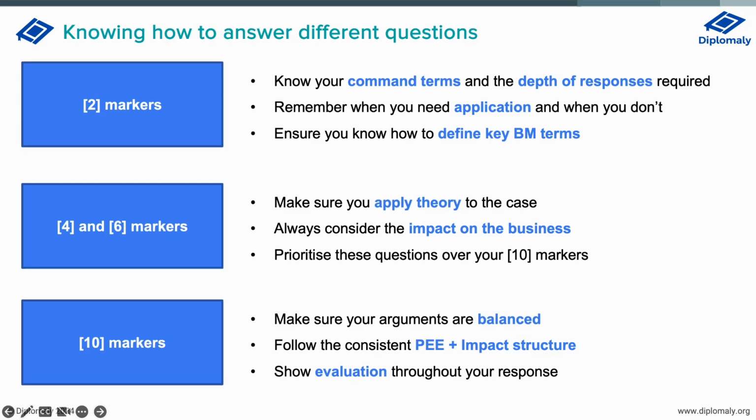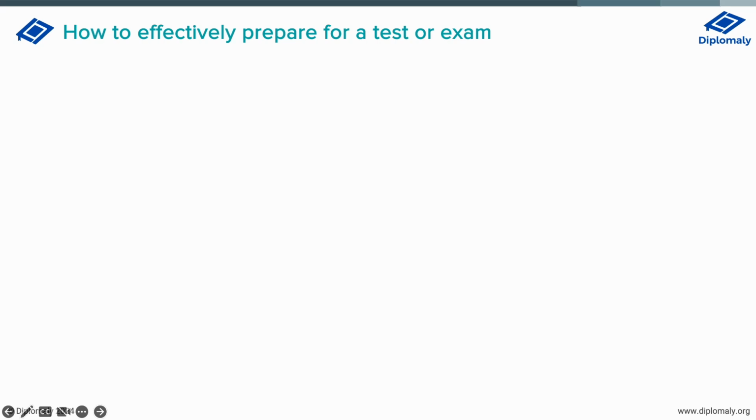This can be done by using key phrases in your response, which make it very obvious to the reader that you're meeting requirements. For example, in every 4 marker, you can end with, "The impact on the business is," and then explain the impact. Or in your 10 marker, you can explicitly use the words short-term and long-term to show that you're considering both short-term and long-term impacts. This makes it very clear to the teacher or examiner that you meet both structural and content requirements.